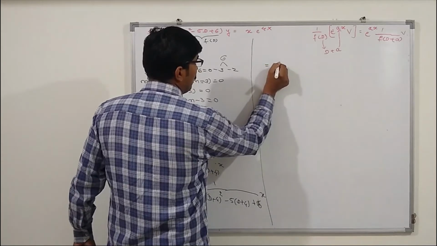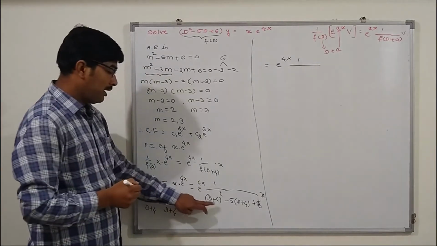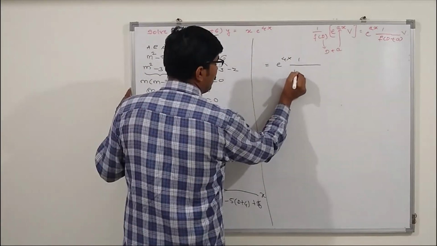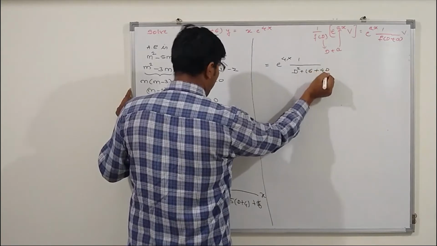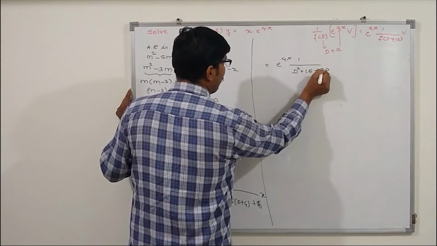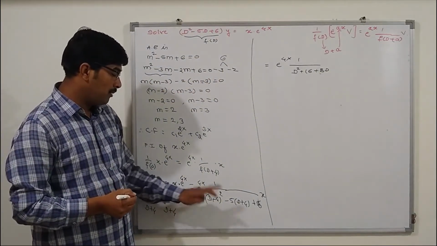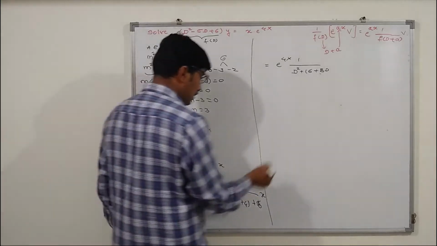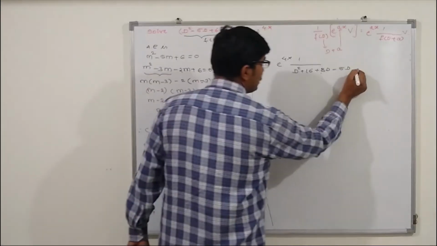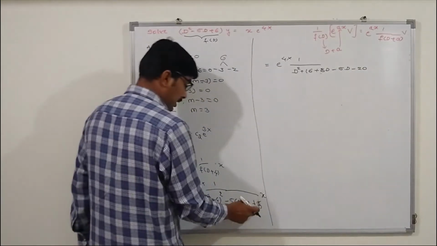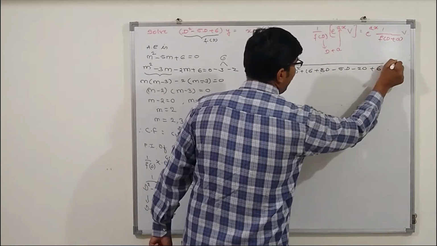This is equal to e raised to 4x, 1 divided by... now simplify. (D plus 4) whole square is D square plus 16 plus 8D. Sorry, 8D: a square is D square, b square is 16, 2ab means 8 into D. Next, minus 5D, minus 5 into 4 is minus 20, and then plus 6, of x.